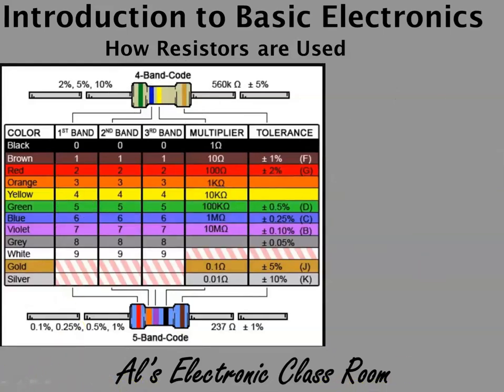Now I've cleaned off the slide, and I want to talk about the tolerance. A 4-band resistor can have 3 tolerances: 10%, 5%, and 2%, which is right here. If you'll notice, the 4th band on a 4-band resistor right here is the tolerance band.